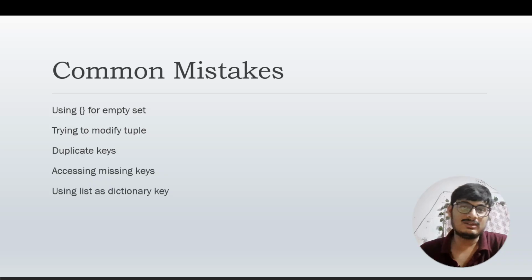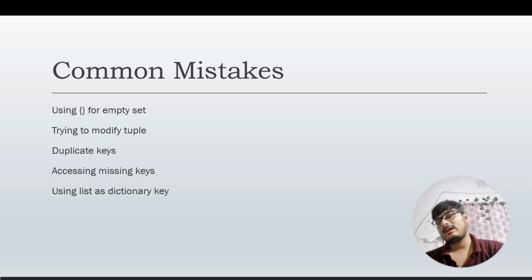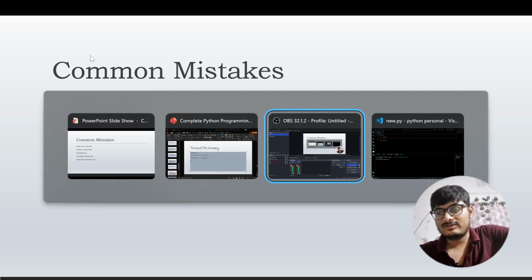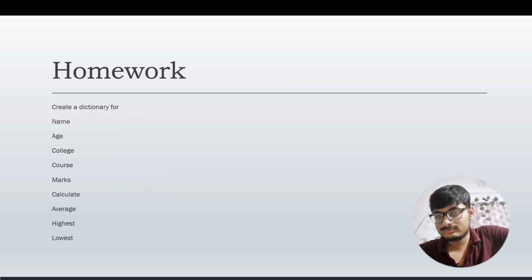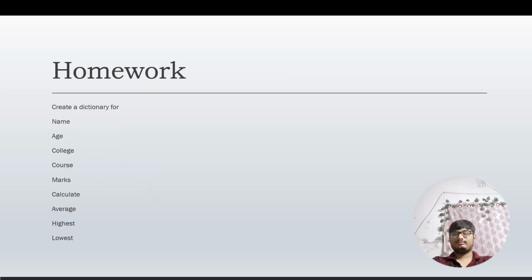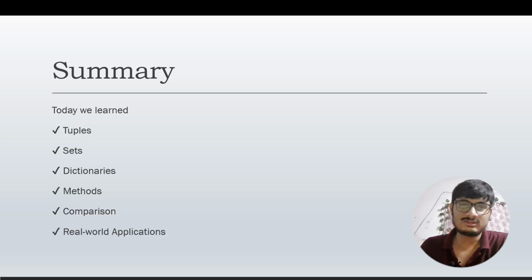Then, we cannot modify a tuple. Thus, we cannot have duplicate keys in our dictionaries. These are some of the common mistakes that you have to keep in mind. Then this is a homework question. You can do this.